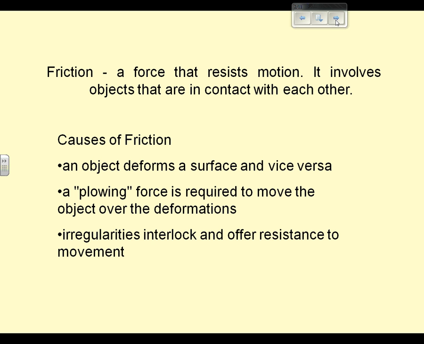So if you've got your book on the table, it actually sort of makes a hole in the table. Seems kind of ridiculous, right? But on a microscopic level, there's actually an uphill battle that you're fighting as you're sliding it across the flat surface, right? So a plowing force is required to move the object over these deformations, up the hill kind of thing.